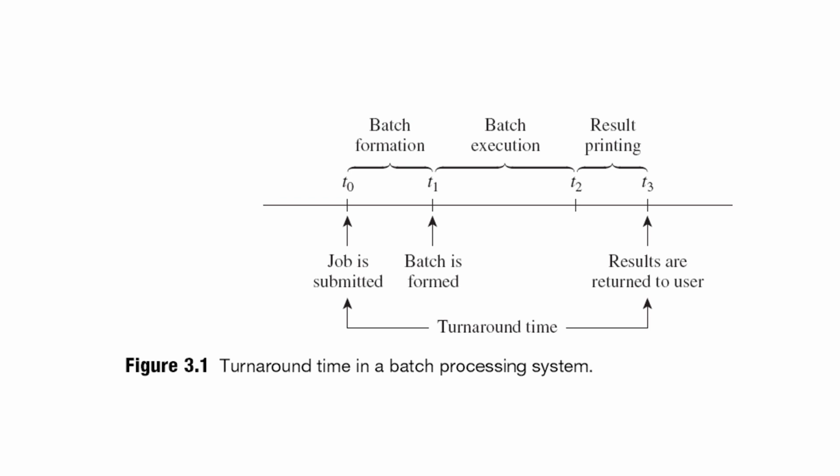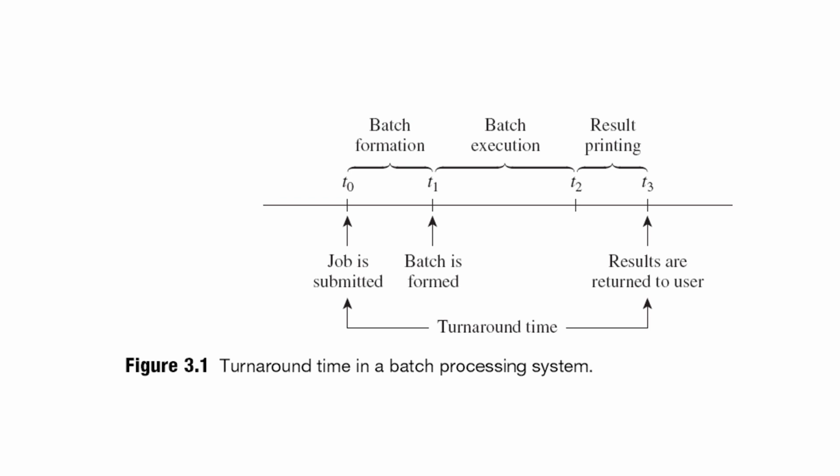The batch is nothing but a group of jobs. The execution of the group of jobs is done during the time t1 to t2. After that, the results are printed during the time t2 to t3.